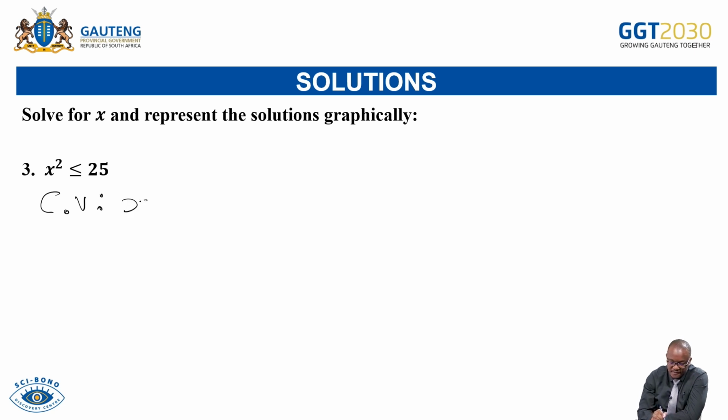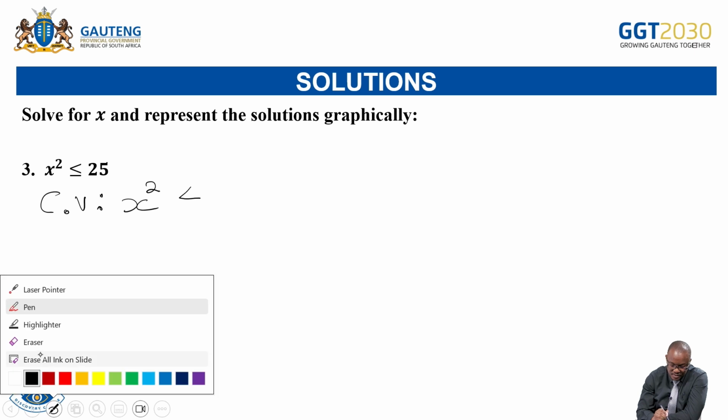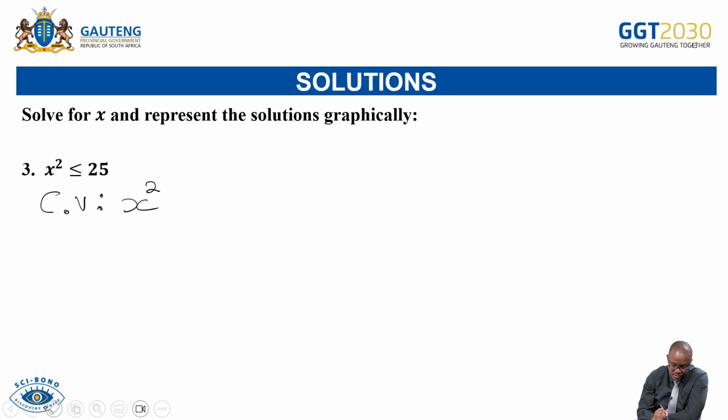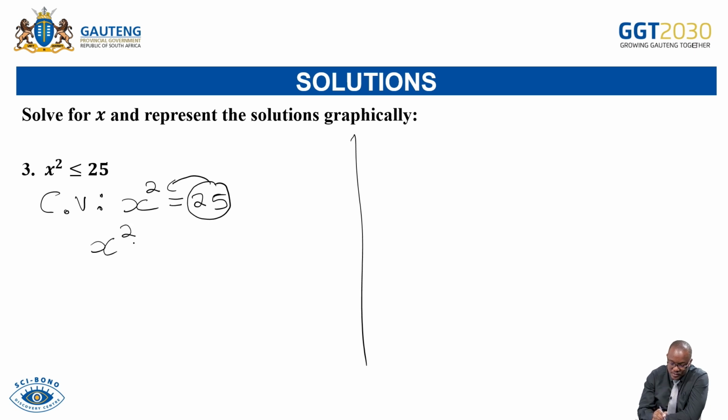We said critical values will be equal to 25. So we can transpose this 25 to the left hand side. Then we are going to have x squared minus 25 is equal to 0.